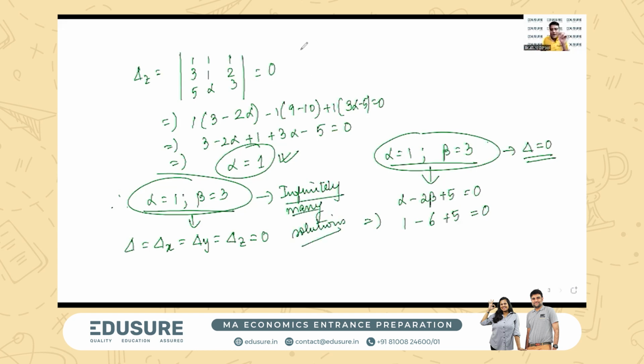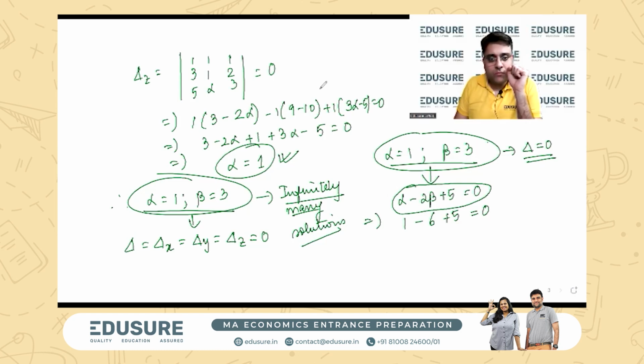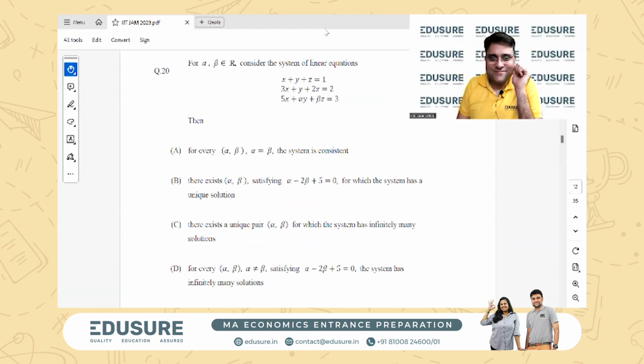So if alpha is equal to 1 and beta is equal to 3, I will get infinitely many solutions. Otherwise, if alpha minus 2 beta plus 5 is equal to 0 and alpha is not 1 and beta is not 3, then I will get inconsistent equations. Okay, and as a result, I get my answer.